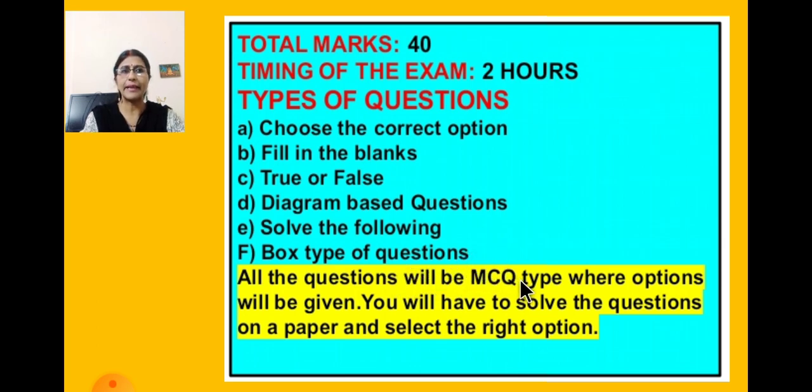All the questions will be MCQ type where options will be given. You will have to solve the questions on a paper because there will be some solving questions which you have to solve on a paper and select the right option. You may get questions from outside the book also, so you have to understand the concept and you have to click on the right option.